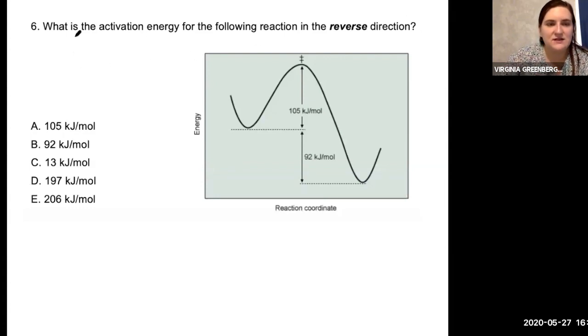Number 6 here says, what is the activation energy for the following reaction in the reverse direction? So when we're looking at the reverse direction, we want to start from the products. We're going to start here. And then the activation energy is going to be how much energy it takes to go from our starting point, which are the products in this case, to the peak.